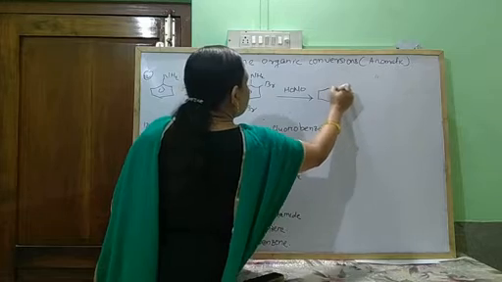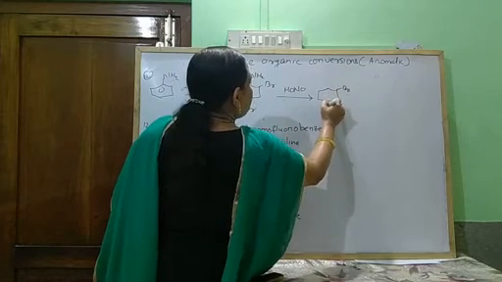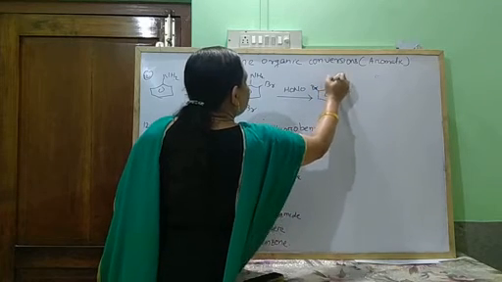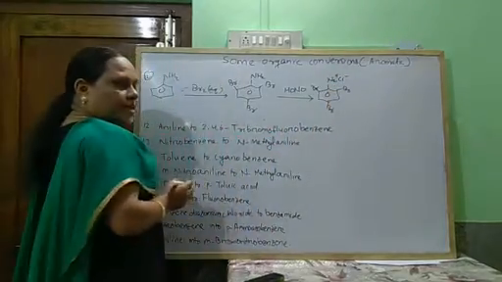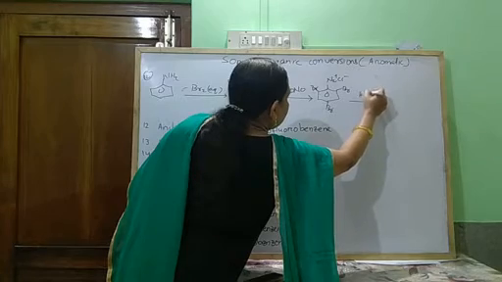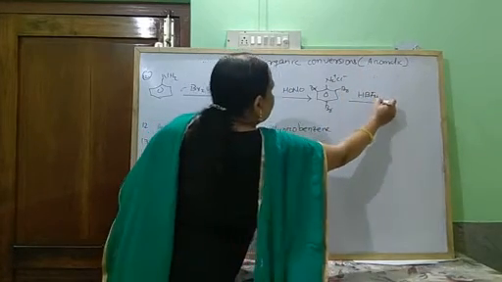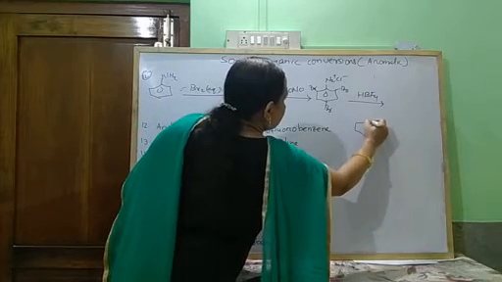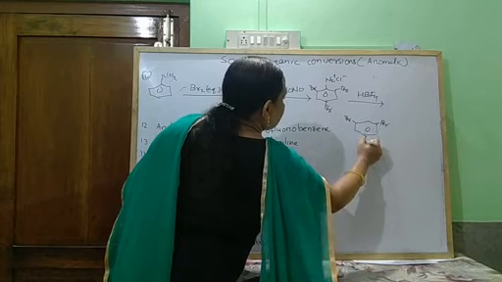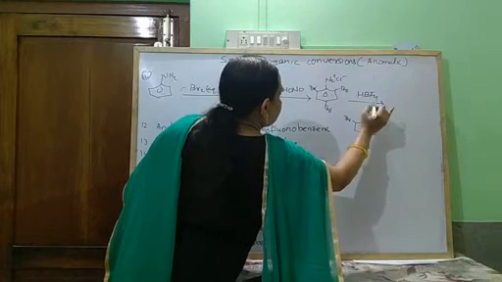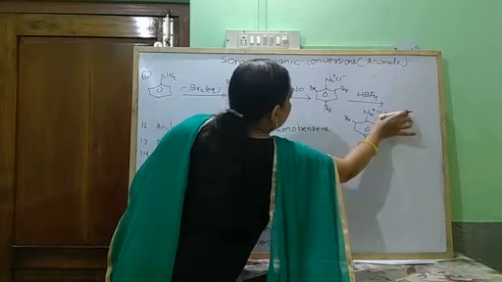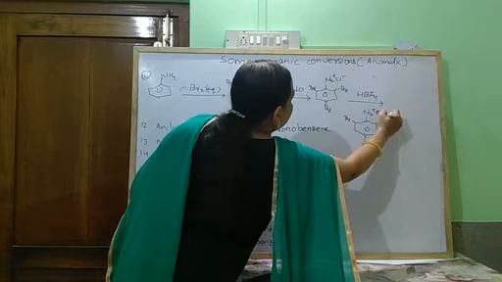It forms 2,4,6-tribromobenzene diazonium chloride. Then treated with tetrafluoroboric acid. It forms 2,4,6-tribromobenzene diazonium tetrafluoroborate.